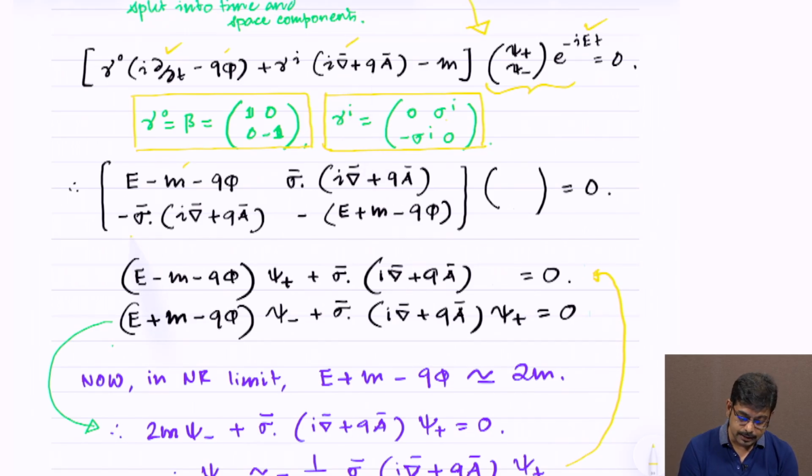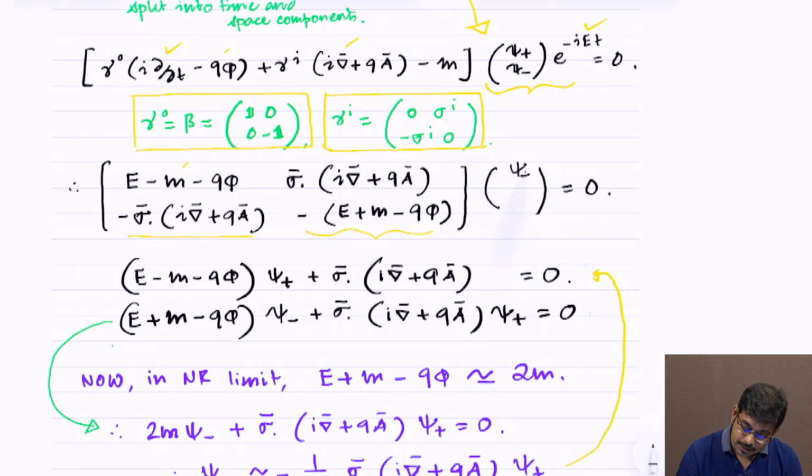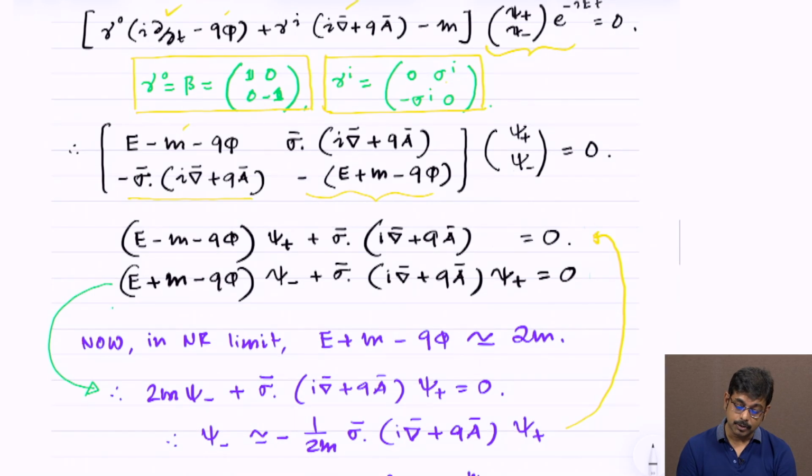Here it is minus sigma·(i del plus q A), and the last 2 cross 2 block of this 4 cross 4 matrix will be minus of (E plus m minus q phi). This is just a simple matrix multiplication. You can do it very easily, but I urge you to check it explicitly. So, this acting on (psi plus, psi minus) gives equal to 0.